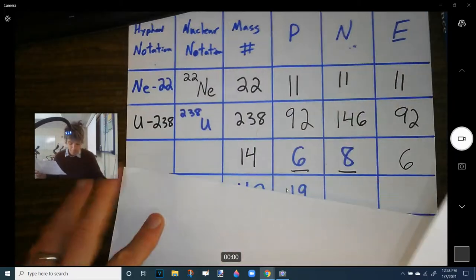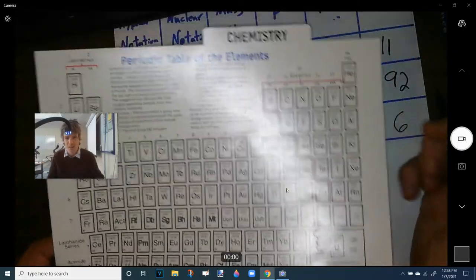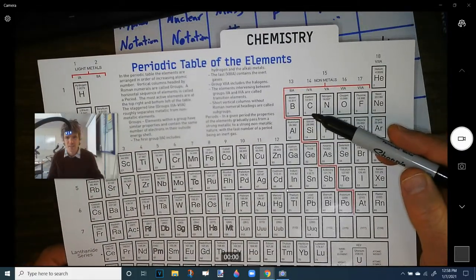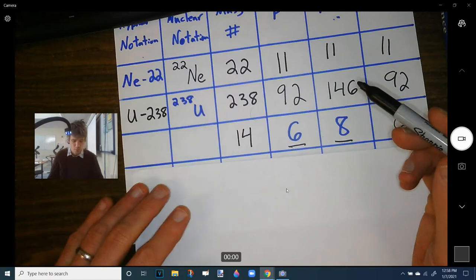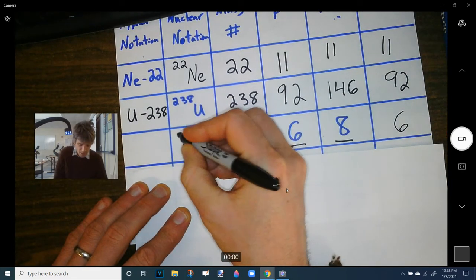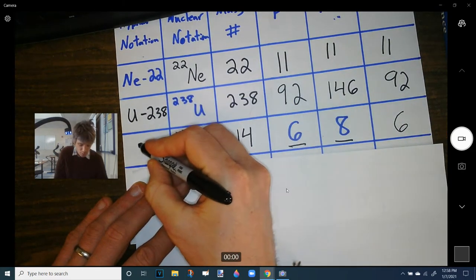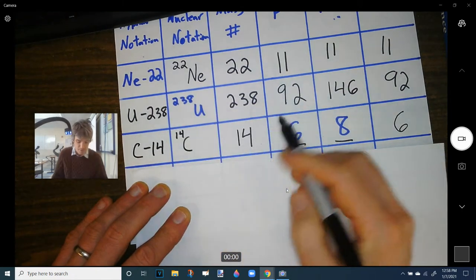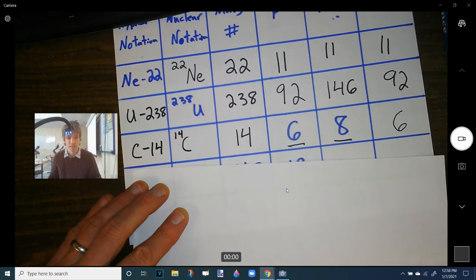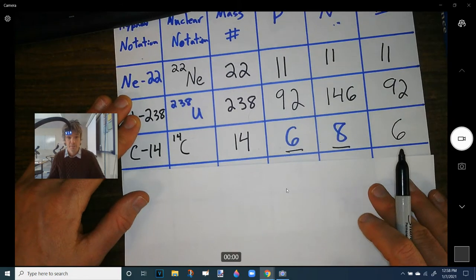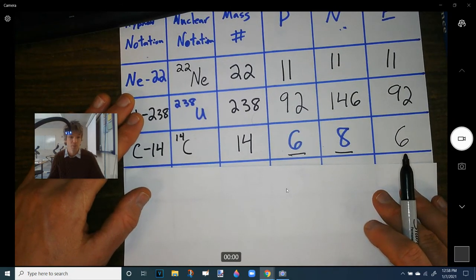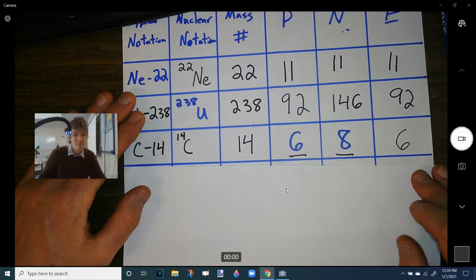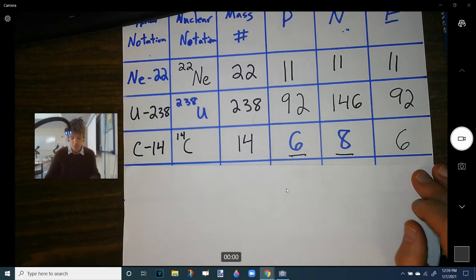And then what I would do is I'd look on here and what's got an atomic number of 6? Carbon. So this is C14 or C-14 like that, all right? That's carbon 14, one of the most important discoveries because it allows us to date things, organic things.